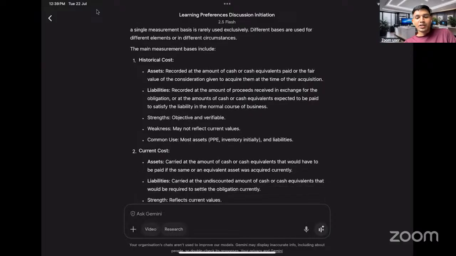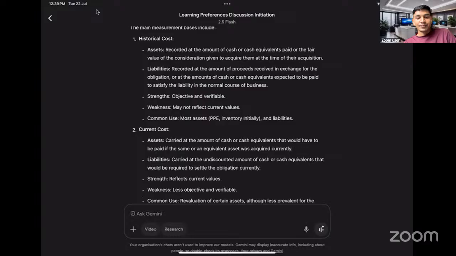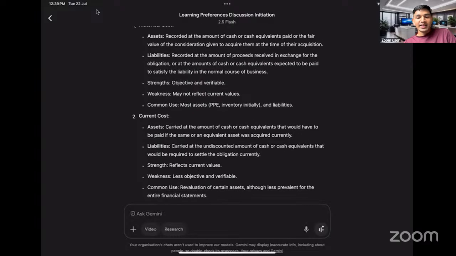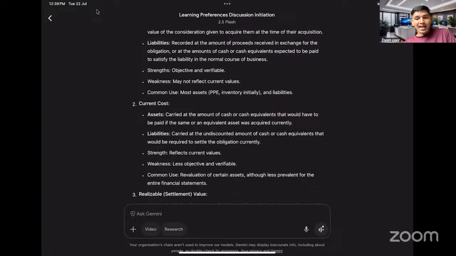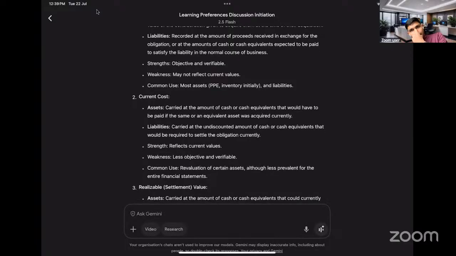Strength: objective and verifiable. Weakness: may not reflect current values. Common use: most assets like PPE and inventory initially, and liabilities, are measured at historical cost.